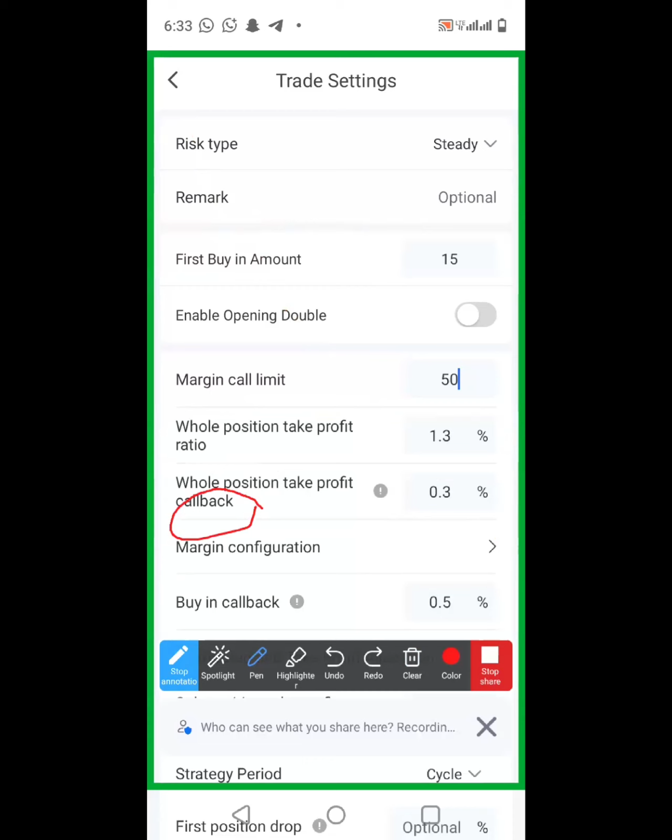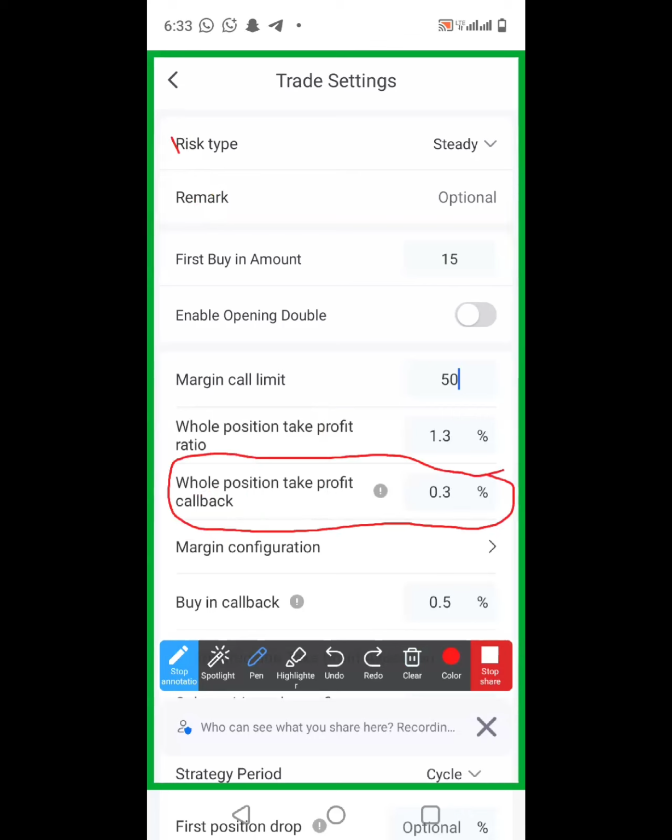You are reminding your robot that once this market drops to 0.3%, the robot should act for you. So that is the whole position take profit callback.